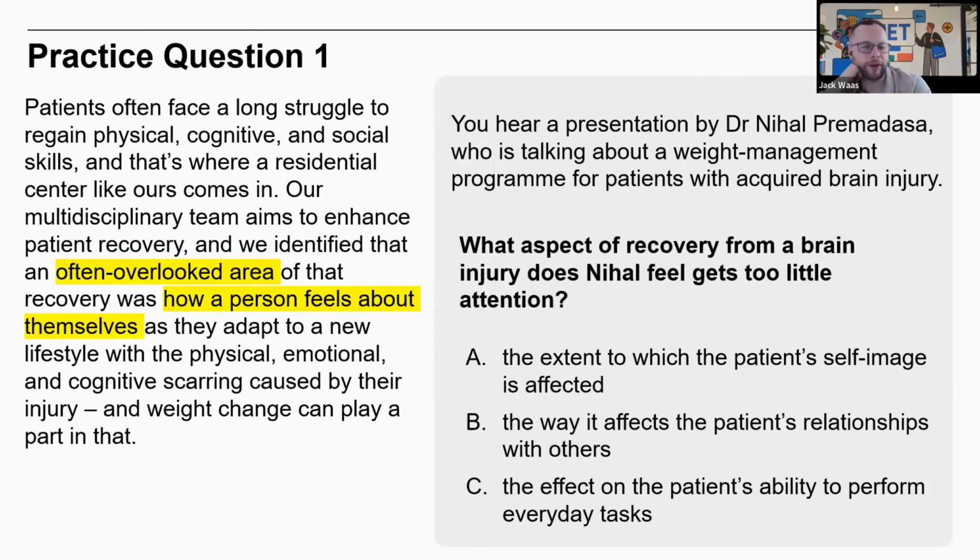What aspects of recovery from a brain injury does Nihal feel gets too little attention? What do we think the answer is? A, B, or C? Go ahead and write that in the chat.